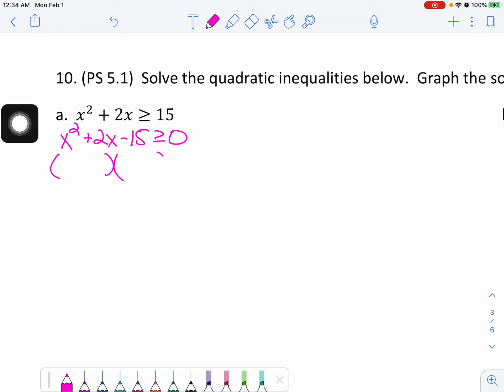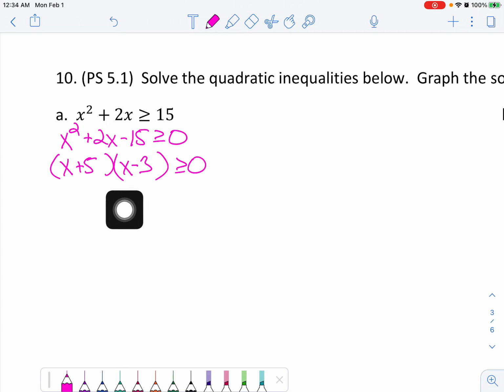I'm going to factor the left side of the polynomial. So x plus 5, x minus 3. Each of these factors, x plus 5 and x minus 3, is going to create one of my x-intercepts. I'm going to find those by setting each factor equal to 0 and solving it.